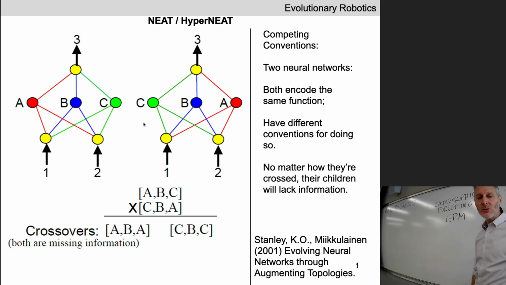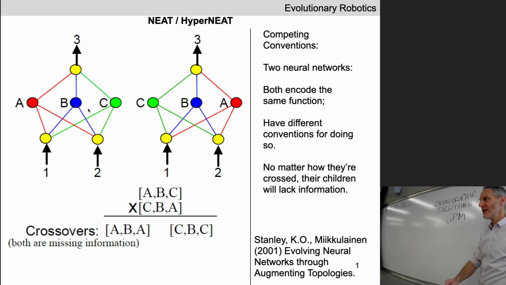Even if these 2 parents, some of them are doing better or worse at A, B, and C, there's no way to combine these together, at least in a simple way, to produce an offspring that has one copy of A, one copy of B, and one copy of C. This competing conventions problem is making a mess for us. We can't have a very straightforward genotype to phenotype map and get this to work.